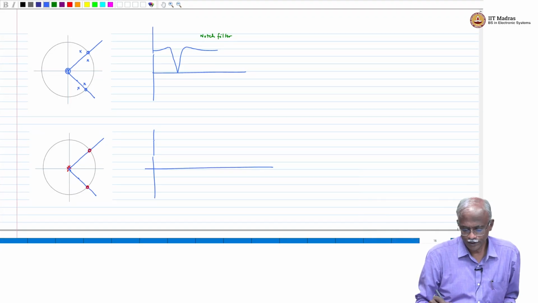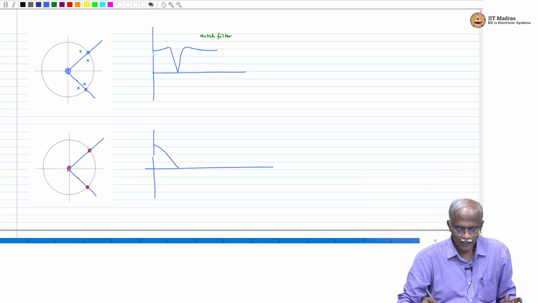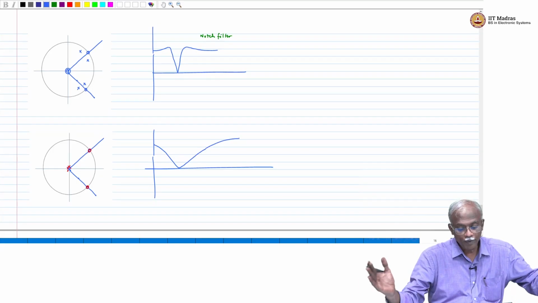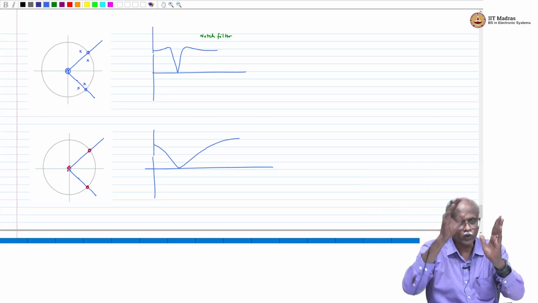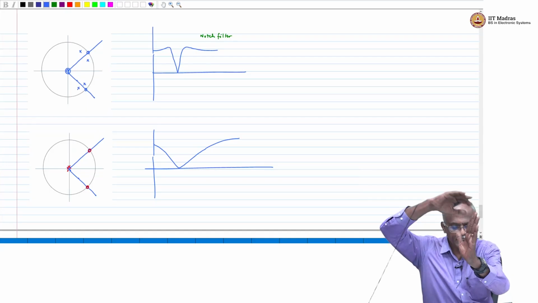You start at some point. Right from there, the effect of the 0 will start to take place, and similarly it will do this. It will not be a good notch filter. And how do you make it a good notch filter? By using the poles, forcing the poles to push the response up.